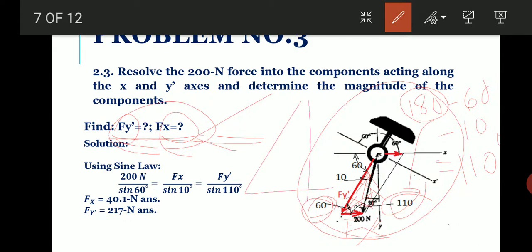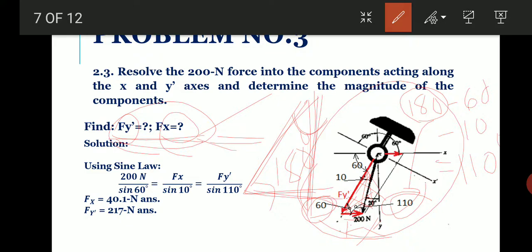So in a triangle, we have a total of 180 degree in one triangle inside angle.